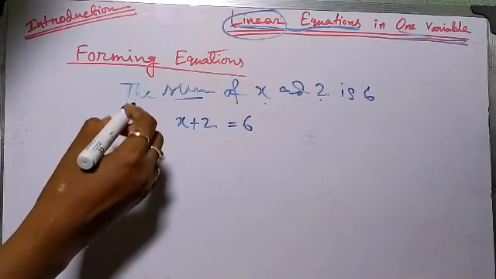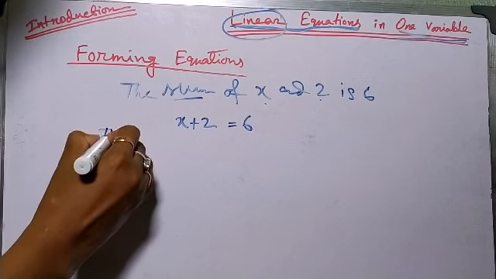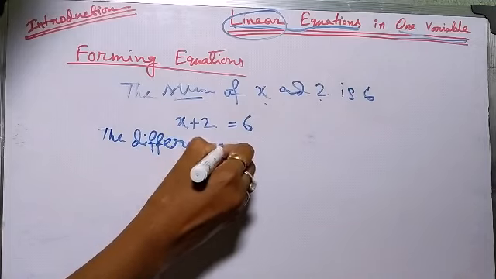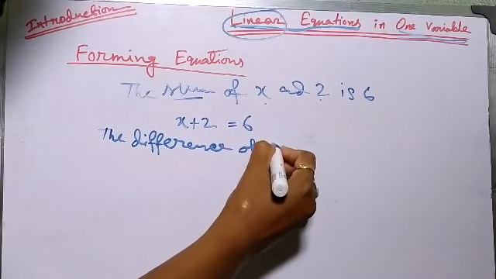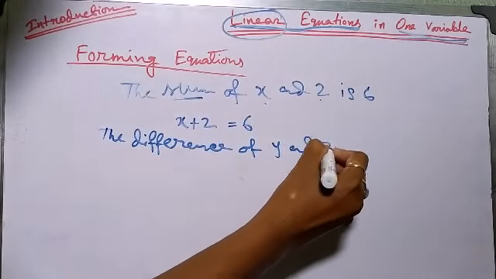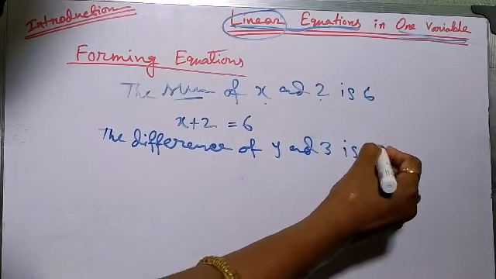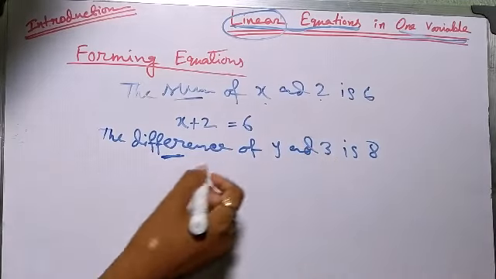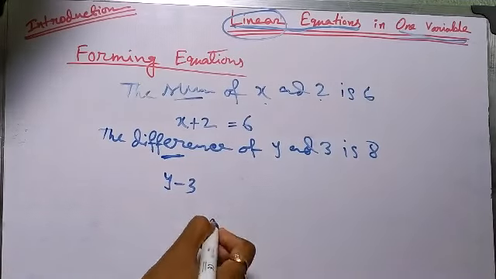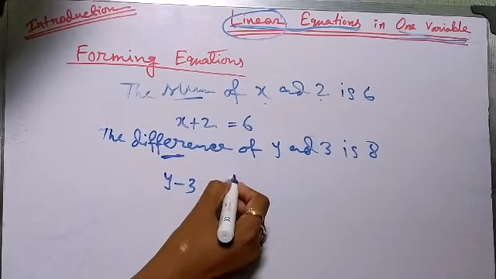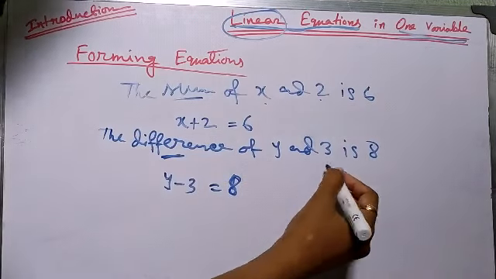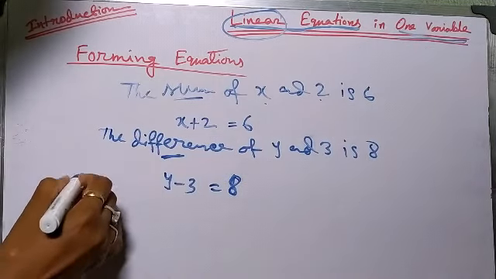Another type of forming of equation: the difference of y and 3 is, suppose, 8. Difference means minus, so y minus 3 equal to 8. Here another phrase can be used, suppose taken away.